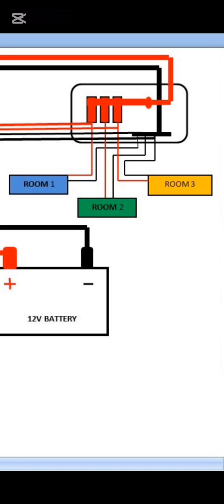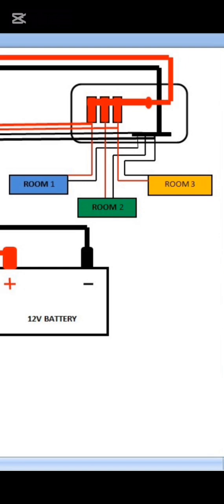So it supplies the current to only room 2 and room 3 whenever there is a power cut from the main. So the inverter or the UPS serves as a backup. In that backup, it supplies the AC current to room 2 and room 3. That is why you are seeing it is connected to the circuit breaker or the miniature of room 2 and room 3.